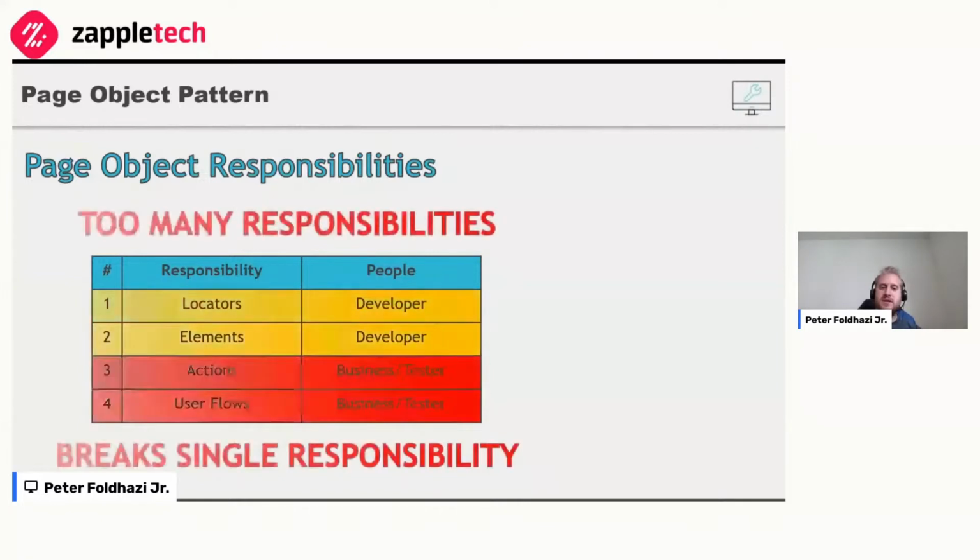So that means that there are at least two different sources of people, or groups of people, from whom change may come when you need to make a change in your page models. That means that there are too many responsibilities and it breaks the single responsibility.